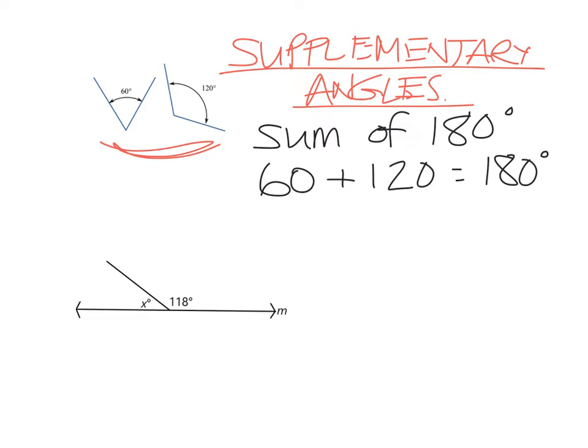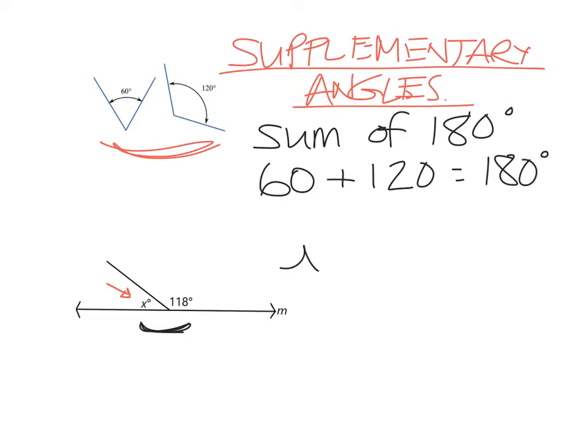Okay? So then we want to figure out how to use what we know in order to solve for this missing angle. Again, find x, there it is. Find that missing angle within the diagram.